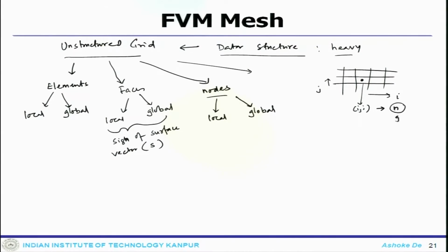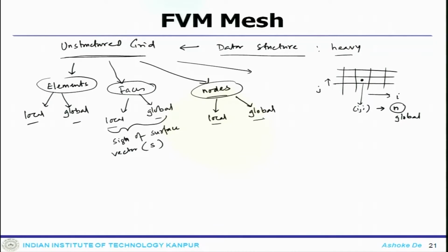This is your global indexing, but in the unstructured case the complete scenario is different. Here one has to have elemental connectivity from local to global, a face connectivity from local to global, which also includes the sign of the surface vector. Then you have node connectivity, local to global, so that one to another mapping can be done. This is where you get more and more involved in the programming, and programming becomes quite challenging.